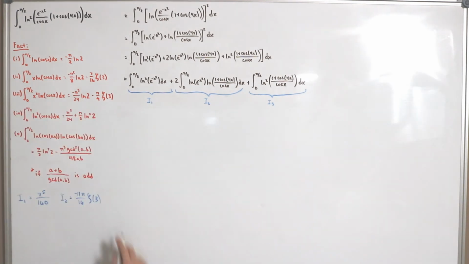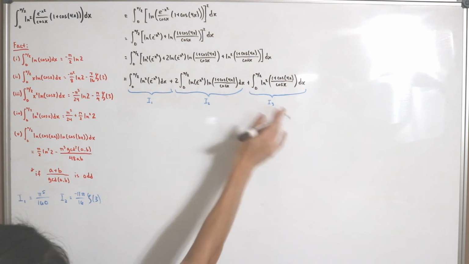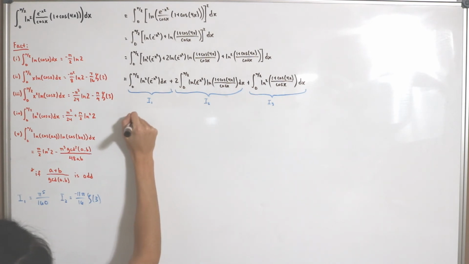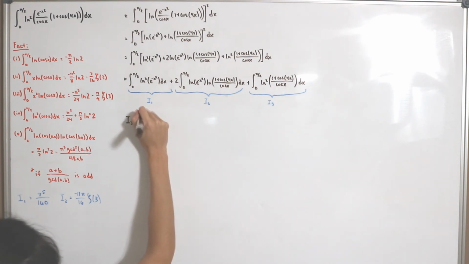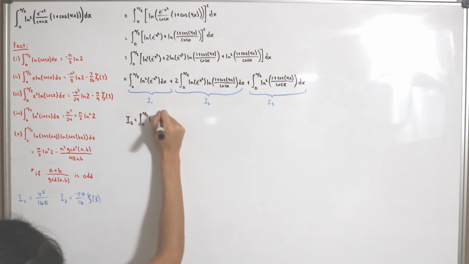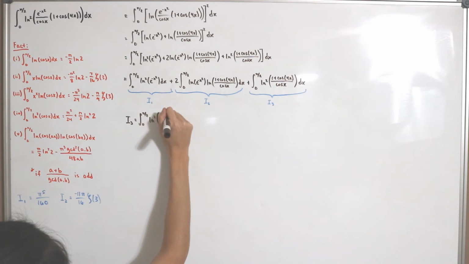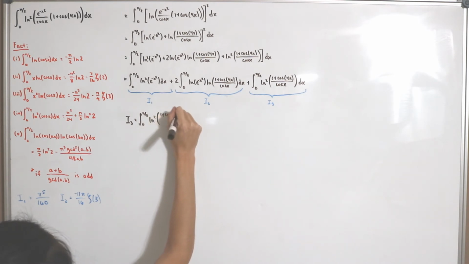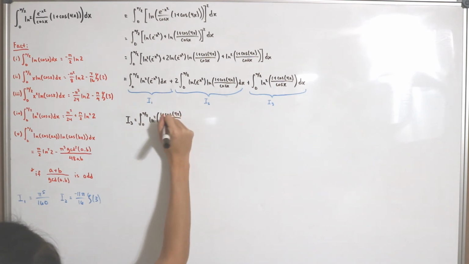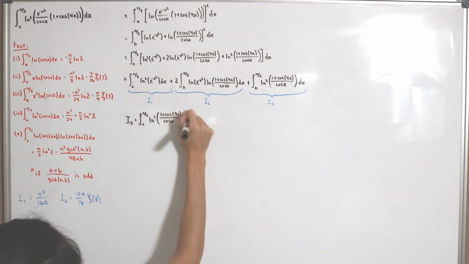Moving on. Okay, so now all that's left is to calculate our I sub 3. So this is equal to the integral from 0 to pi over 2 of natural log square of 1 plus cosine 4x divided by cosine x dx.